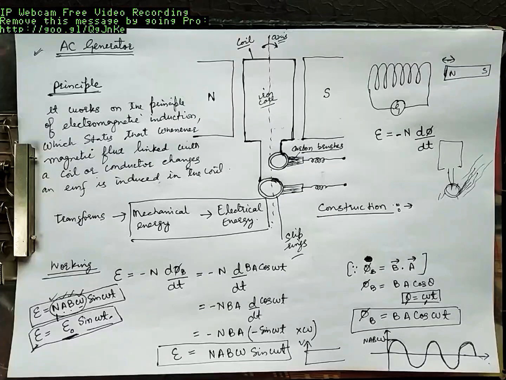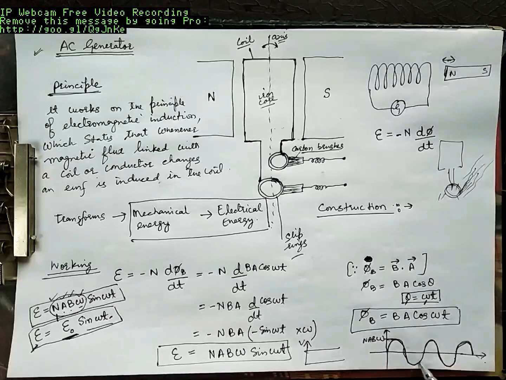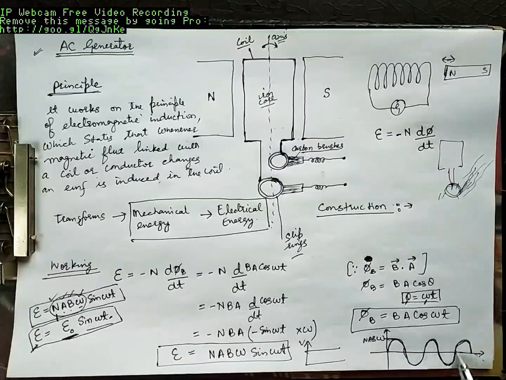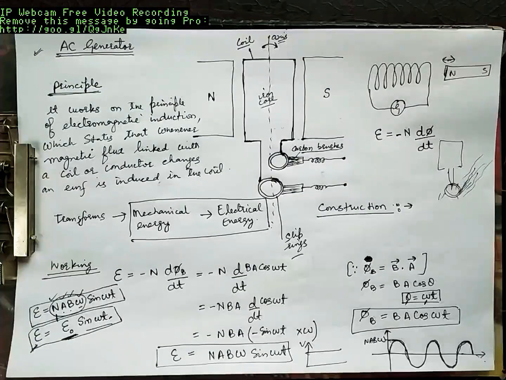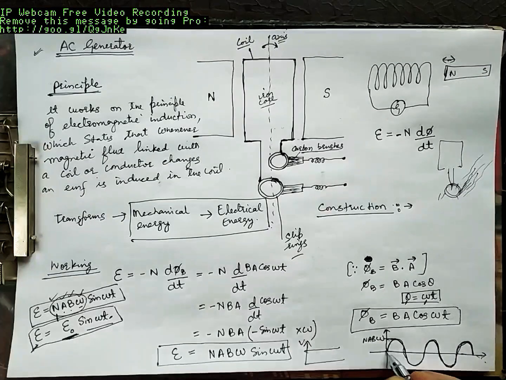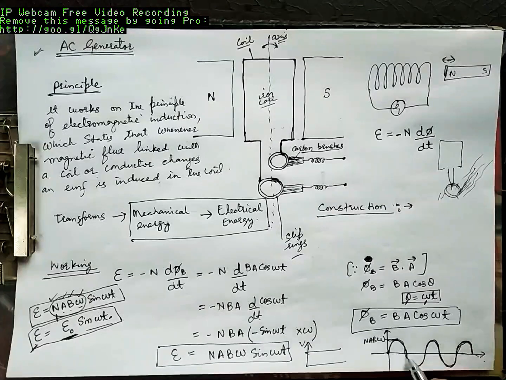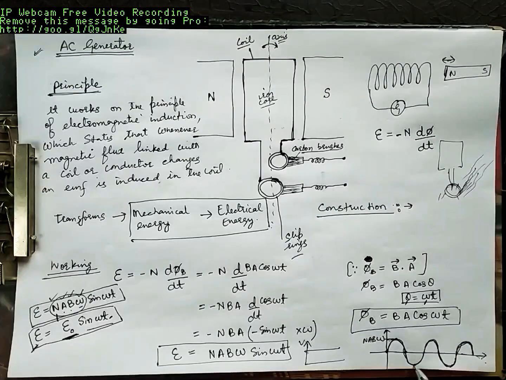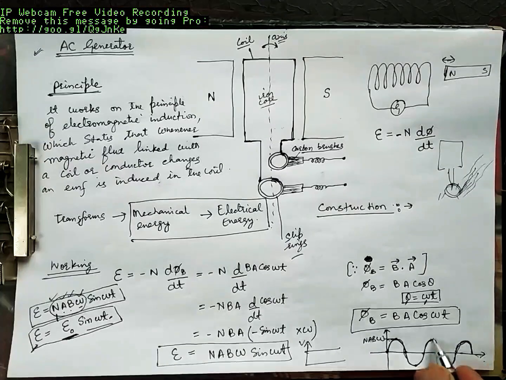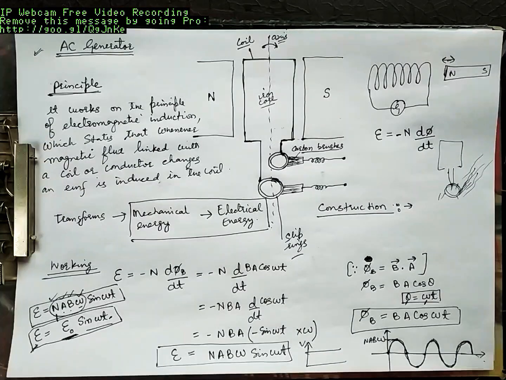But it produces a voltage which is sinusoidal in nature, changing in sinusoidal fashion. This voltage is zero, at times it becomes maximum, then it becomes again zero, it becomes maximum in the opposite direction, zero, maximum again. This is the form of voltage that you receive at your places.